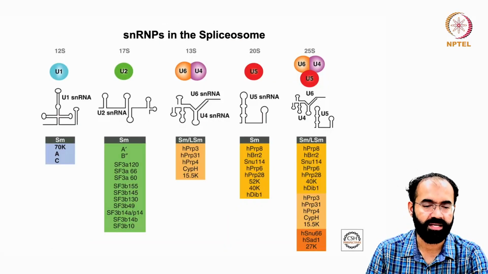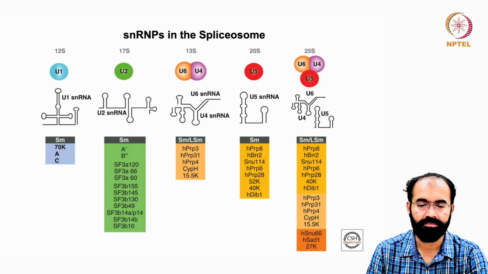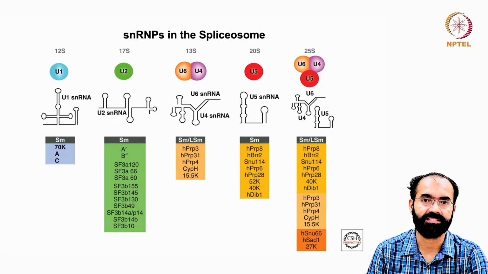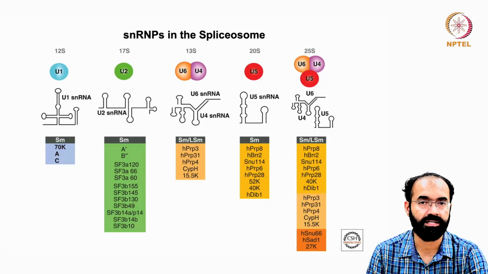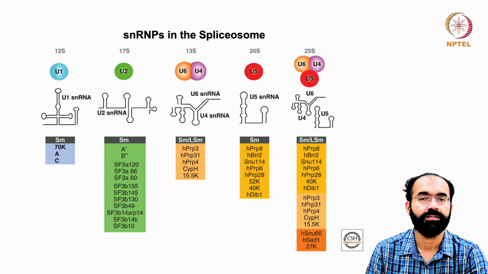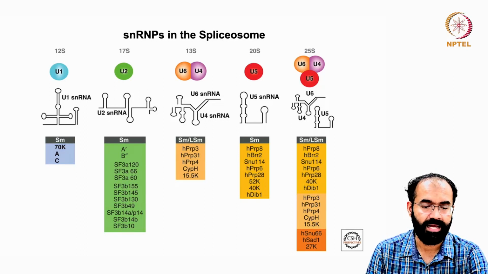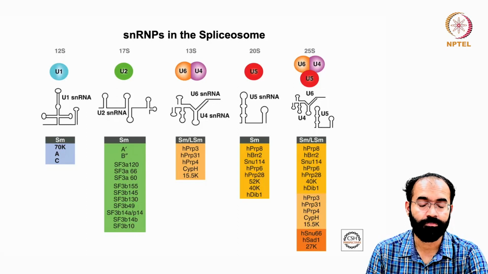So here you can see U1, U2, U6, U4 pair, U5, and U6, U4, U5 pair. These are the different stages at which complexes form during a single splicing event. U1 has around 12S (Svedberg units) as its size, and this is the shape of the secondary structure of U1 snRNA, and it has some Sm protein interaction.